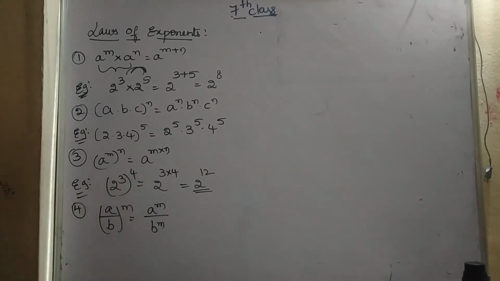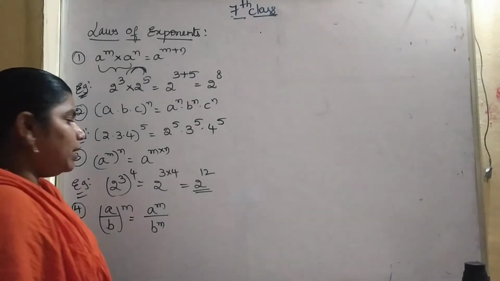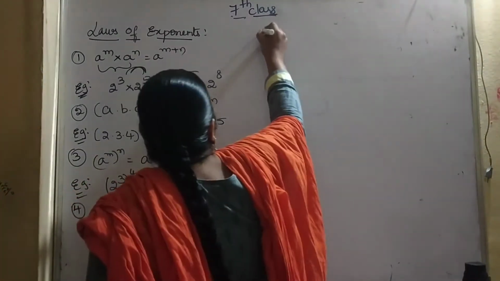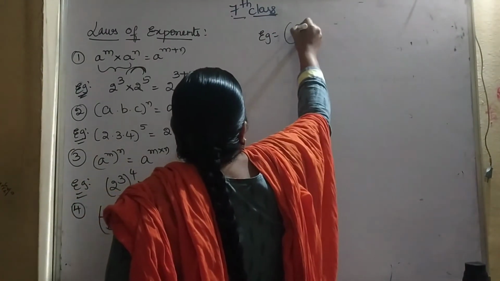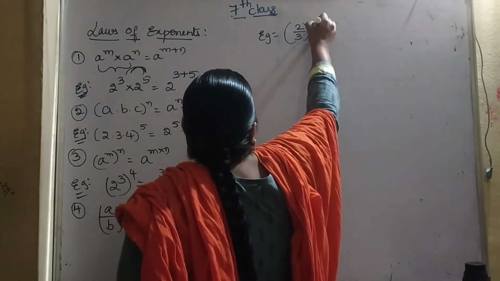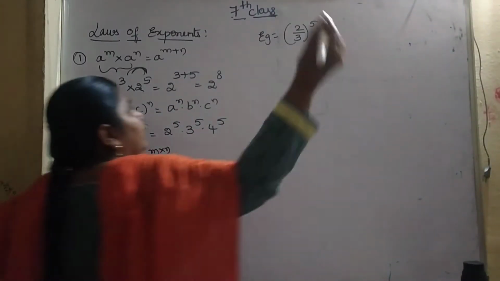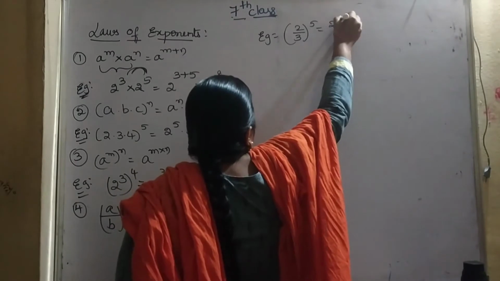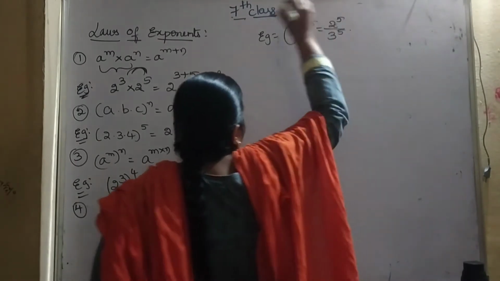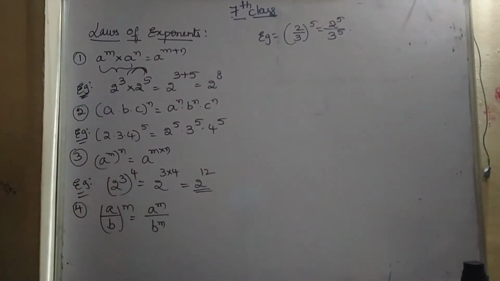For this we will write one example: (2 by 3) whole power 5 can be written in the form of 2 power 5 by 3 power 5. So this is our fourth law's example.